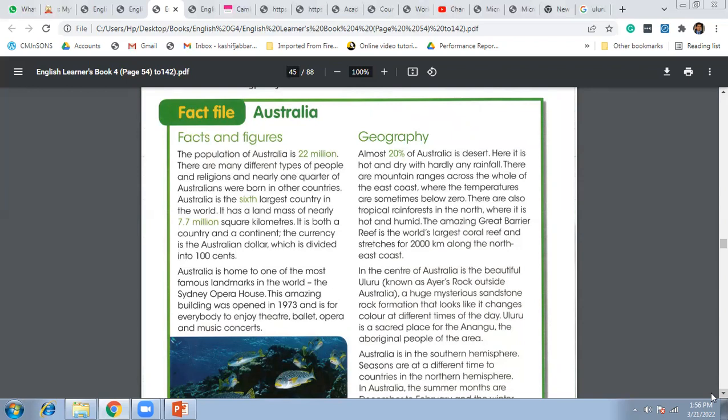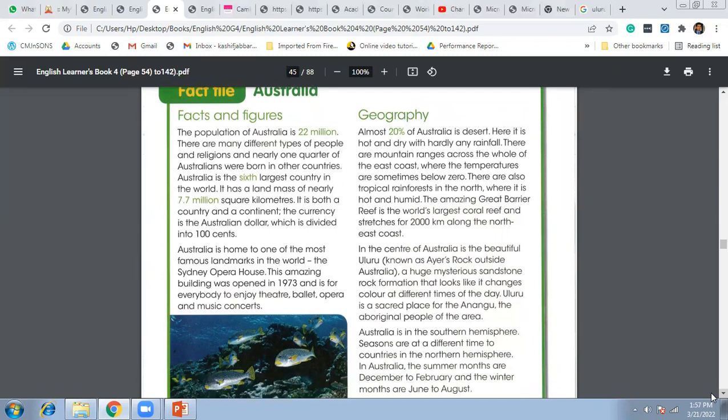The currency in Australia is the Australian dollar, which is divided into 100 cents. Like here, we can see in Saudi Arabia, the one riyal is divided into 100 halalas, right? So halalas mean the cents. Australia is home to one of the most famous landmarks in the world, like the Sydney Opera House.